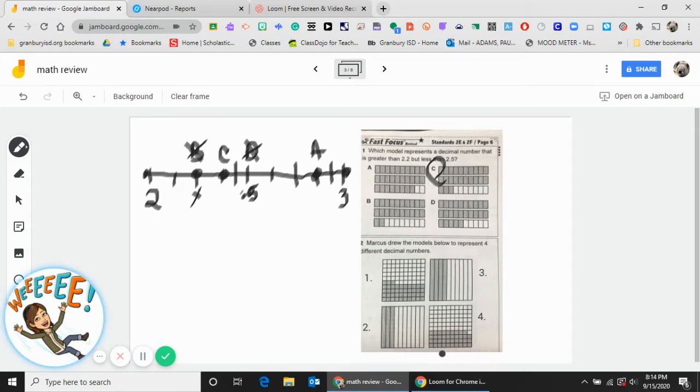All right, let's go on to the next question here. It says Marcus drew this model below to represent 4 different decimal numbers. So our goal here is to figure out those decimals. Let's do it.